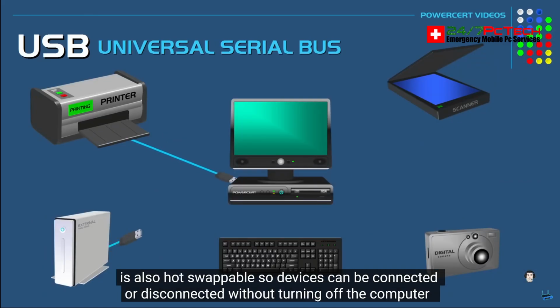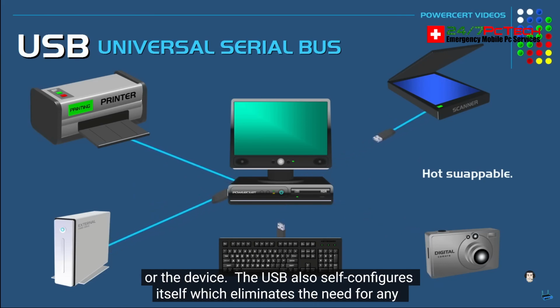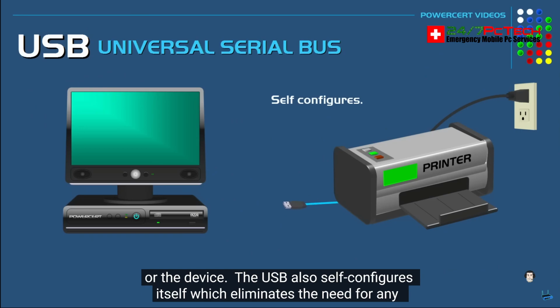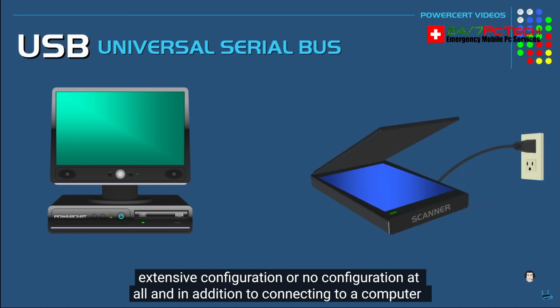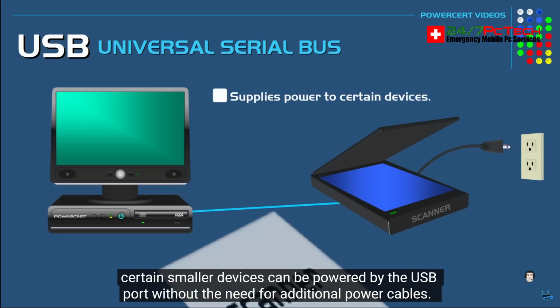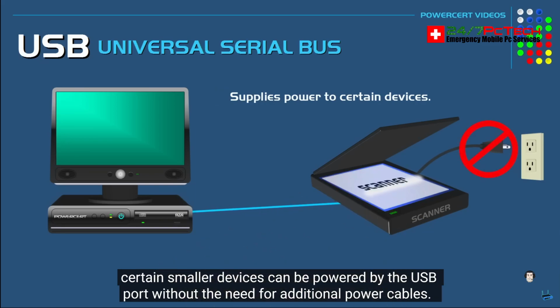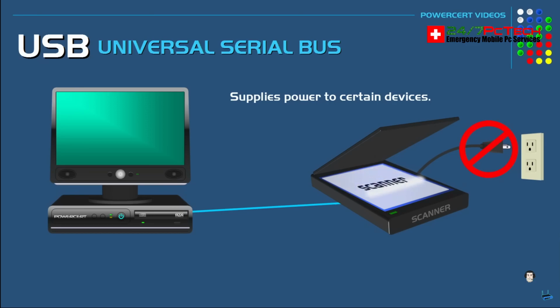The USB port is also hot swappable, so devices can be connected or disconnected without turning off the computer or the device. The USB also self-configures itself, which eliminates the need for any extensive configuration or no configuration at all. And in addition to connecting to a computer, certain smaller devices can be powered by the USB port without the need for additional power cables.